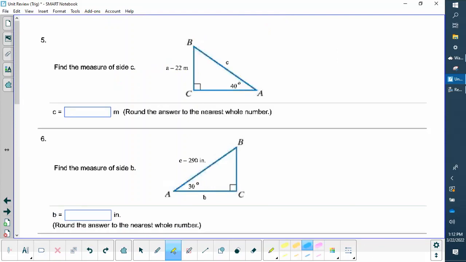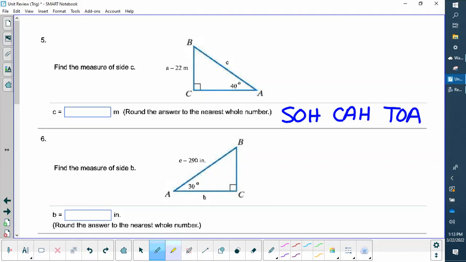Okay, same problem. I'll go ahead and put SOHCAHTOA right here. Here's my reference angle, 40 degrees. I'm going to name some stuff. This over here is opposite. Across from the 90 here is hypotenuse.